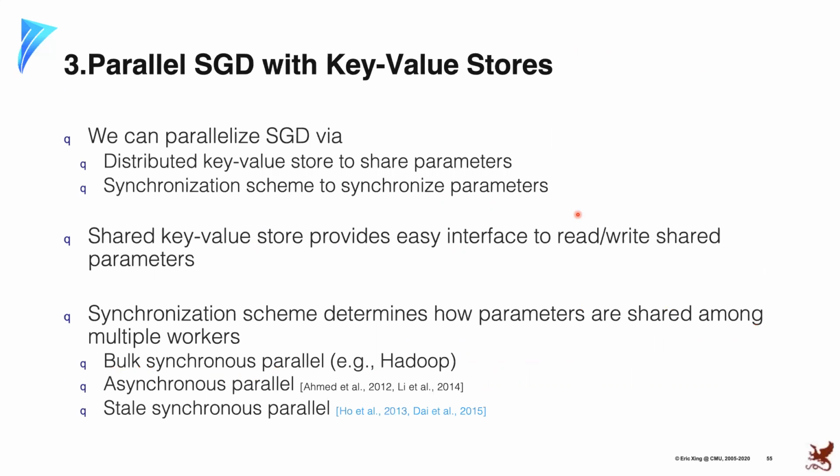And the third algorithm is called parallel SGD with key value stores. This is another approach. The previous approach relies on the assumption that the data or the cost function is very, very sparse. Another approach, which does not rely on the sparsity of the objective function or data, is to use this key value store, which is also known as the parameter server.